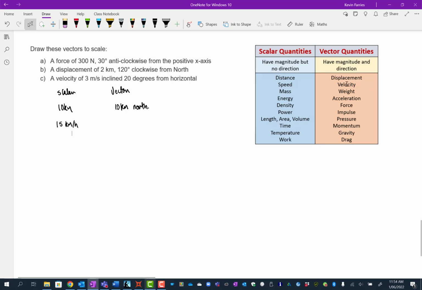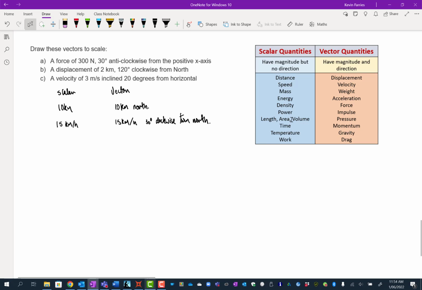But if you were talking about a velocity, you'd have to give both the speed, that's the magnitude of the vector, so 15 kilometers per hour, and then you'd have to say which direction you were going in. So it might be 30 degrees clockwise from north or something like that. Or you might give a bearing.